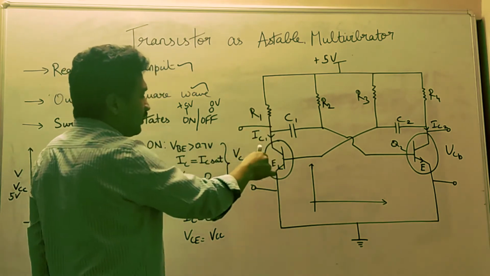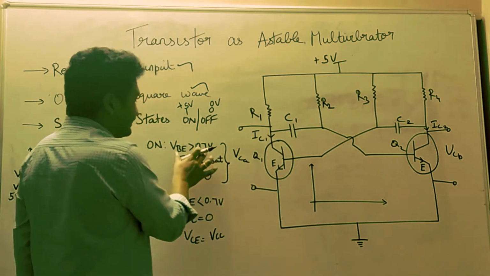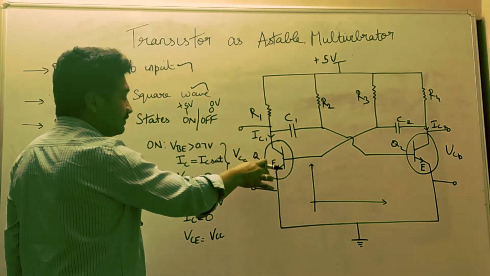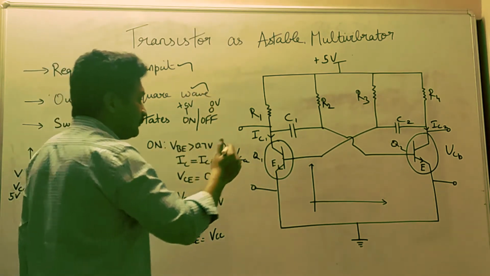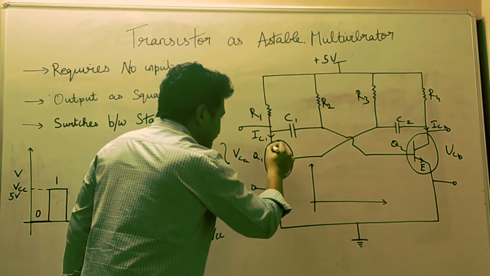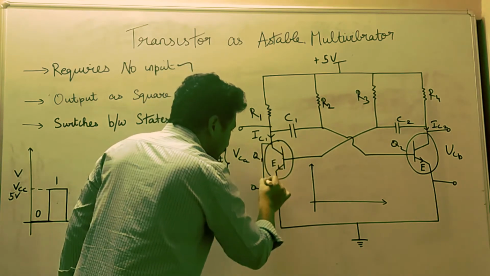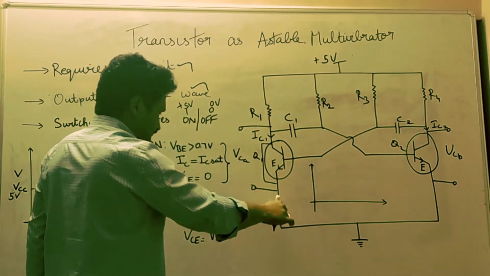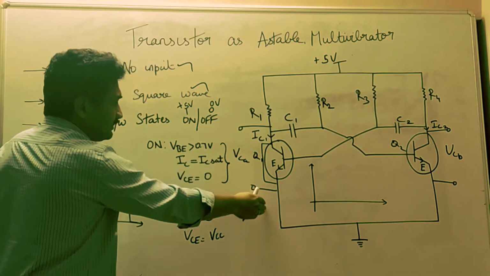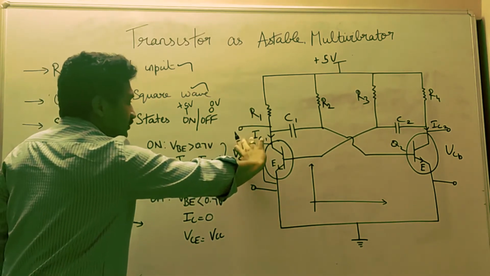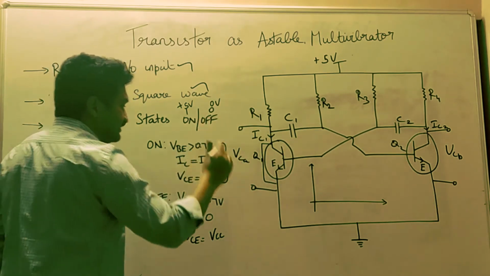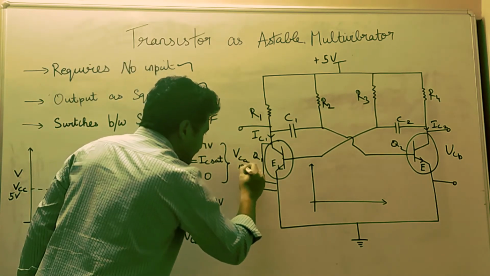First, if Q1 is on, VB is greater than 0.7 volt and IC is equal to IC saturation, the maximum value. So this acts as a closed switch, where IC becomes maximum and current flow is maximum. If you measure the voltage across VCE, we get 0 volt.